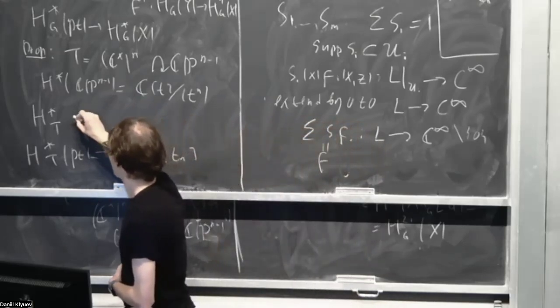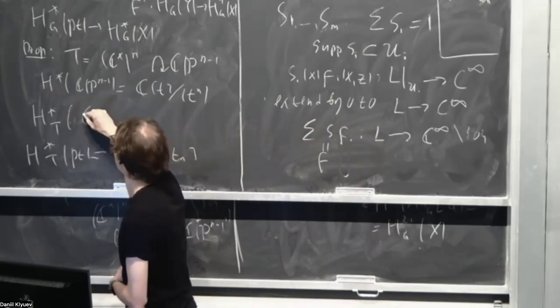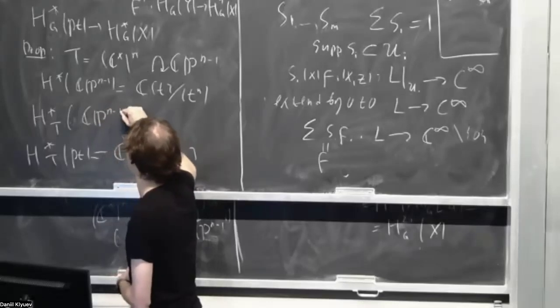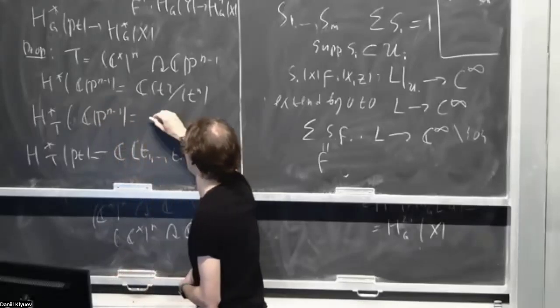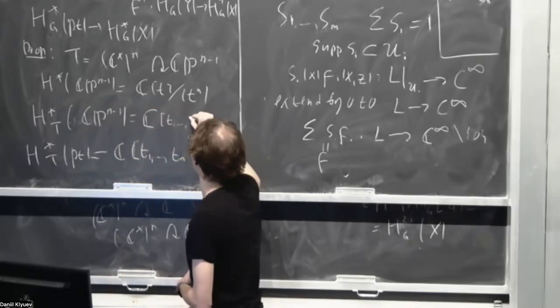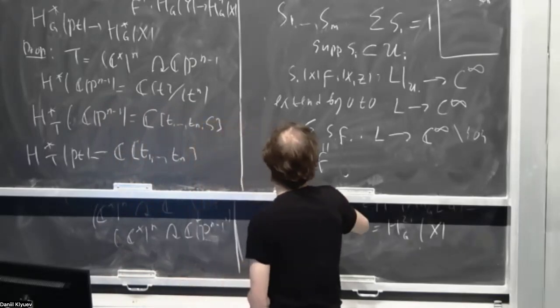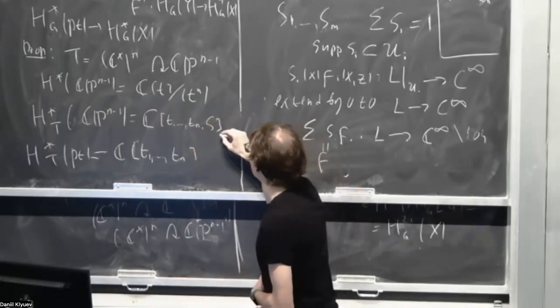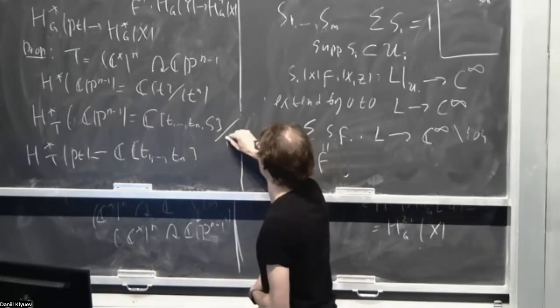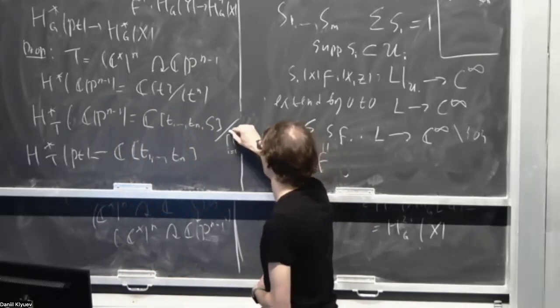And in this case H*_T(CP^{n-1}) is C[T_1, ..., T_n, zeta] over the product of (zeta + t_i), i from 1 to n.